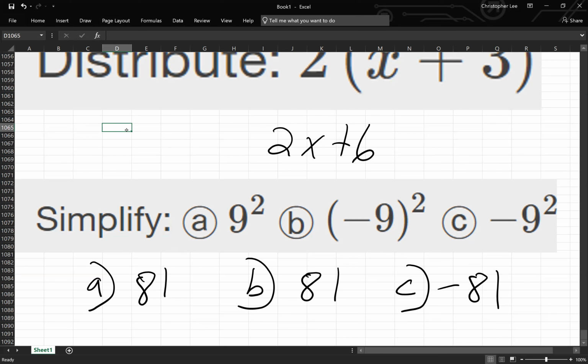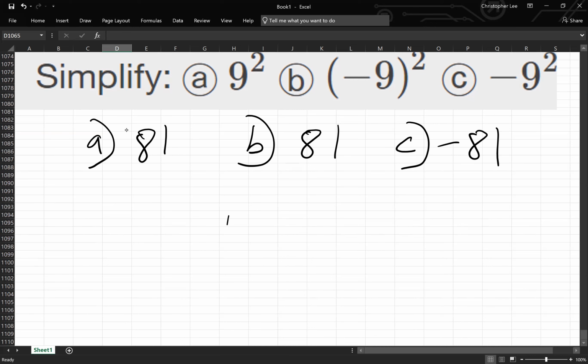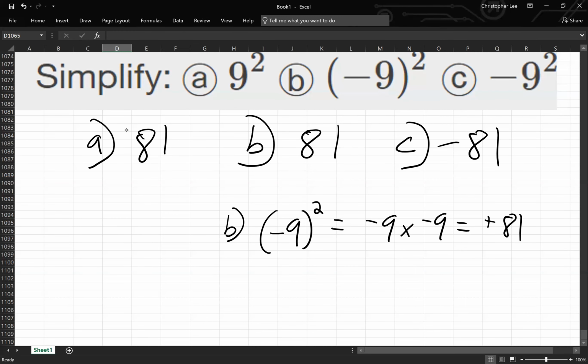Questions on that? The B? Because B, right? This one's B, right? Negative 9 squared. This means negative 9 times negative 9. Right, and negative is positive, and then 9 times 9, 81, like that.